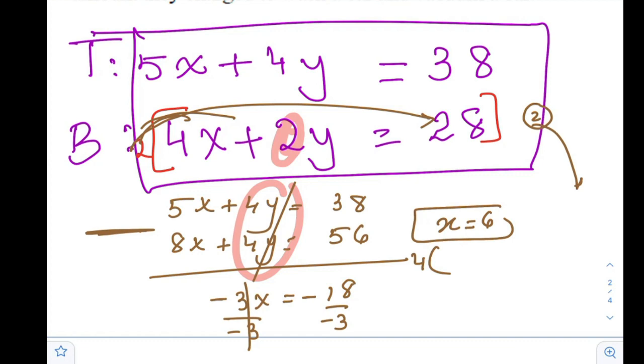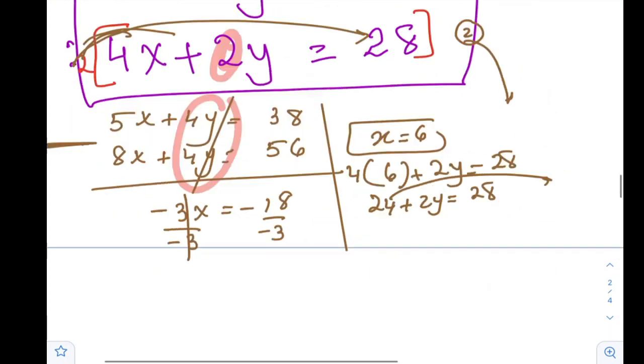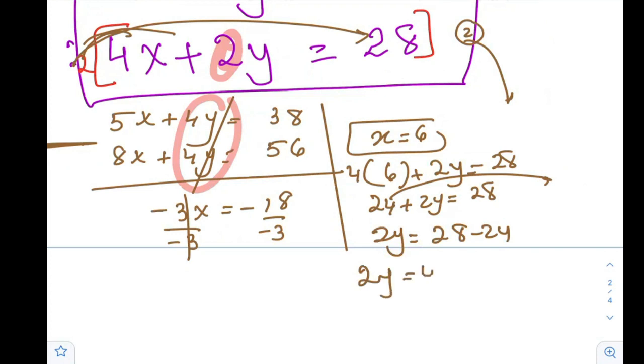So 4 times the x, which is 6, plus 2 times y equals 28. So we have 24 plus 2y equals 28. Taking this there, 2y is 28 minus 24, so 2y is 4. So y is 2.